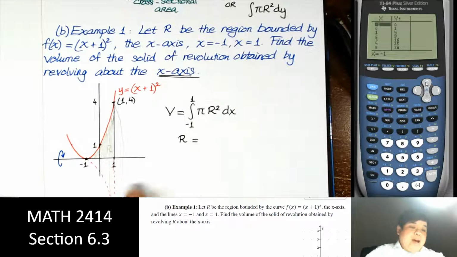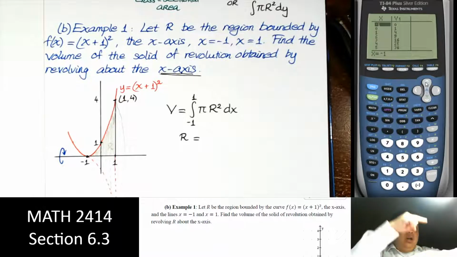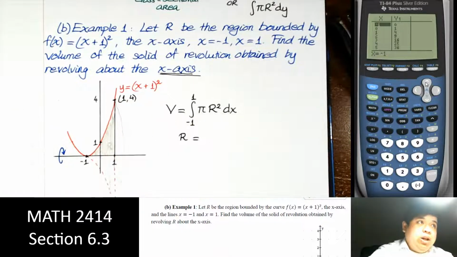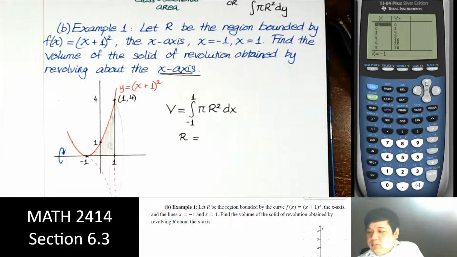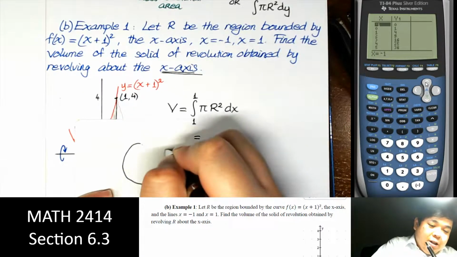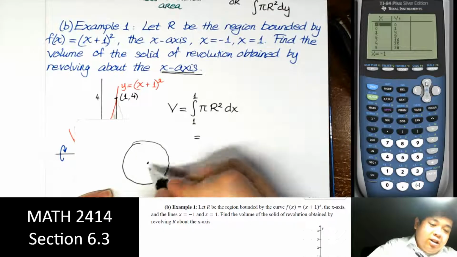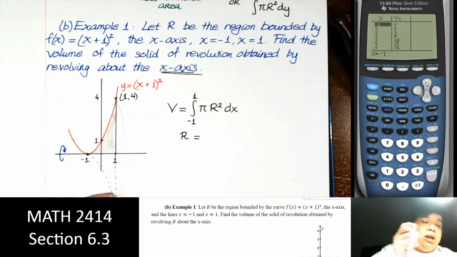We have that region and we rotate about the x-axis. The radius is pretty much from the axis of rotation out to the edge of the region, just like the radius of a circle. When we have a circle, the radius is from the center to the edge of the region, right? Same thing here.